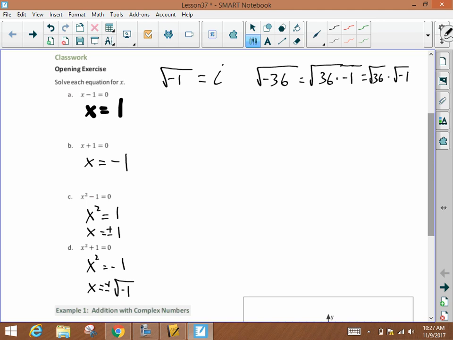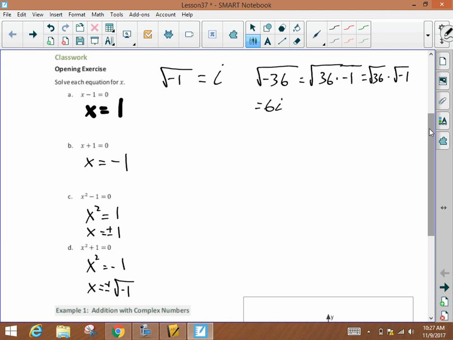But we have said that the square root of negative 1 is i. The square root of 36 is 6, and the square root of negative 1 is i. So now I have a good answer. I use a letter instead, and everything is okay. So this is how we use i.